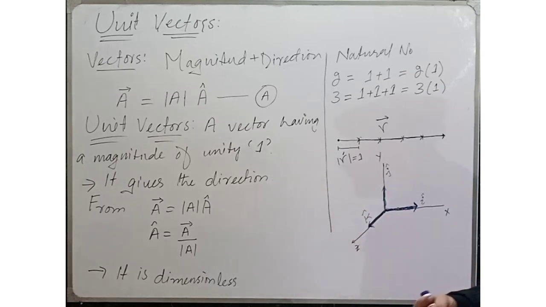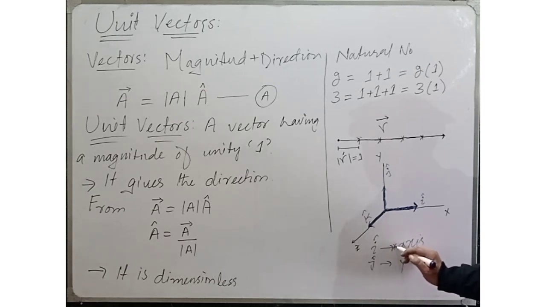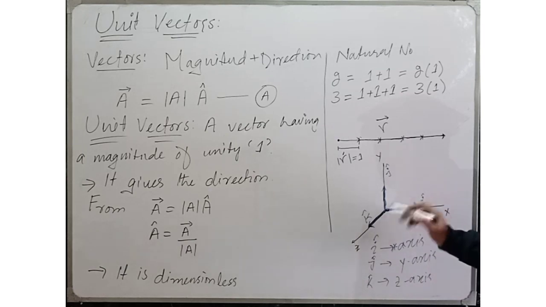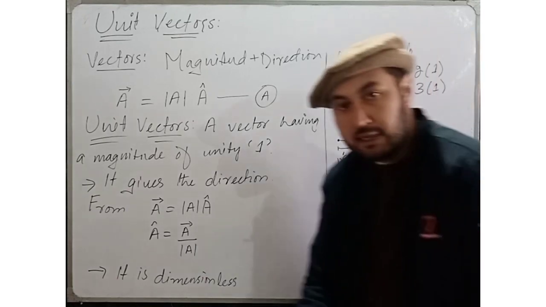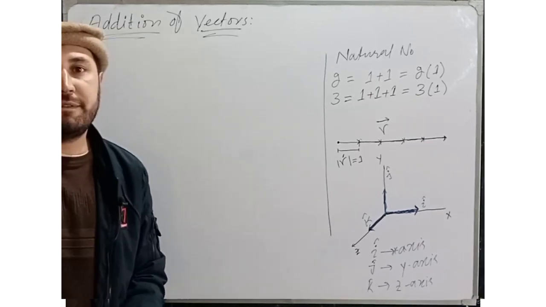So there are three fundamental unit vectors: i cap along the x-axis, j cap or j hat along the y-axis, and k cap along the z-axis. We will be using these unit vectors in our upcoming lectures. So we can write a vector in terms of its unit vectors i cap, j cap, or k cap, right?